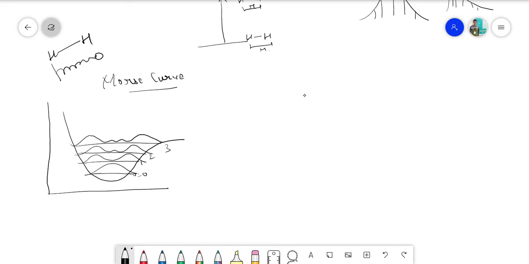Something like this. These are not the wave functions, but the functions which give you the probability. This is something that you know from quantum mechanics.